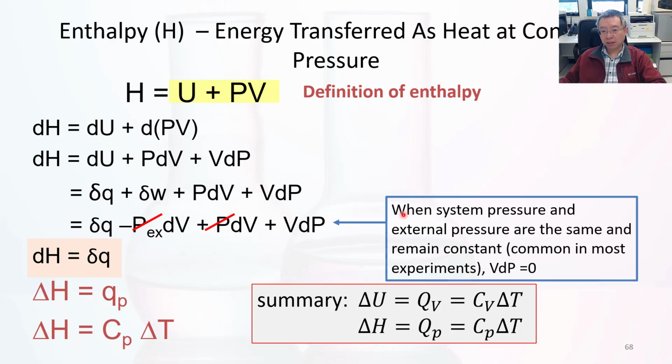For example, I could ask you a question here. For a combustion, let's say in a rocket, they have internal pressures, and the gas actually expands outside as an exhaust gas.